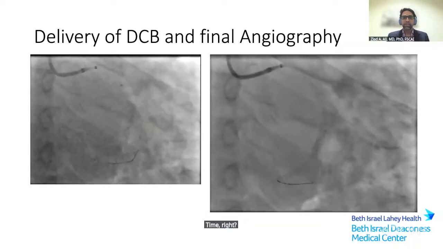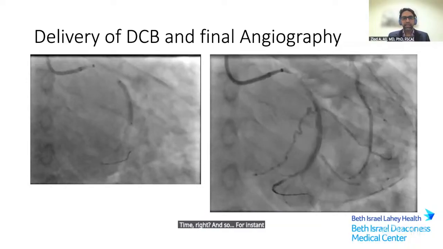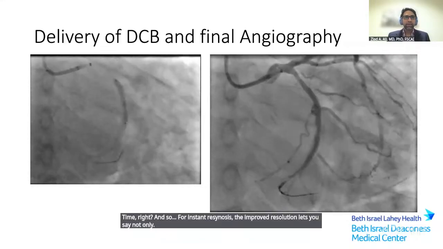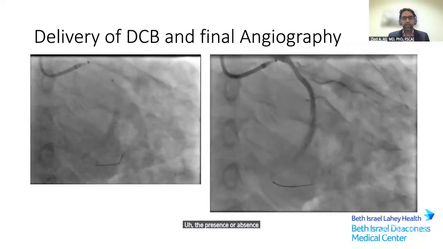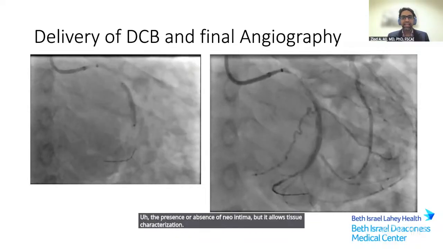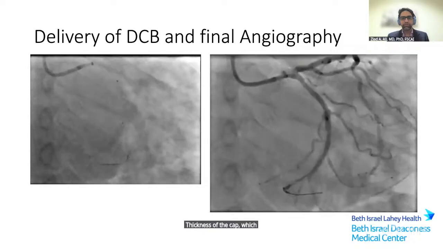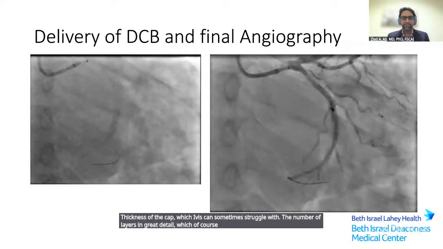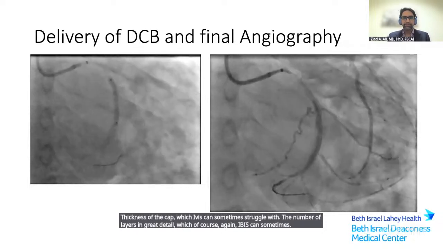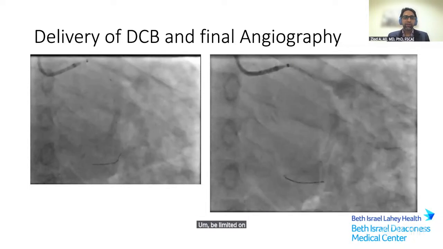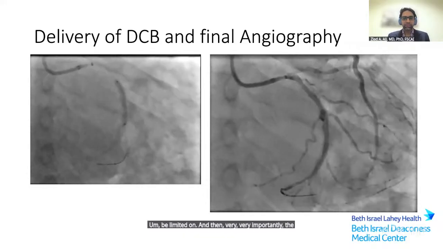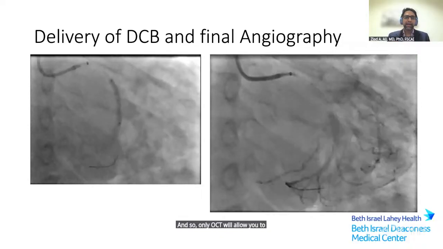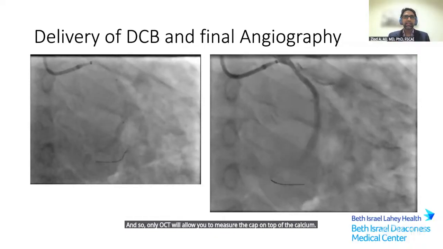For in-stent restenosis, the improved resolution lets you see not only the presence or absence of neointima, but also allows tissue characterization, thickness of the cap, which IVUS can sometimes struggle with, the number of layers in great detail, which IVUS can also be limited on, and very importantly, the depth of the calcium. Only OCT will allow you to measure the cap on top of the calcium, and that's very difficult with IVUS.